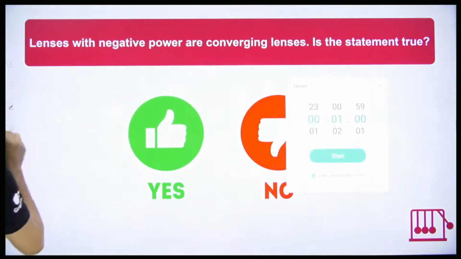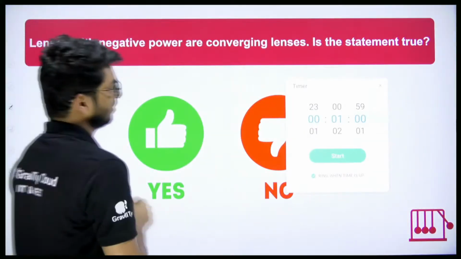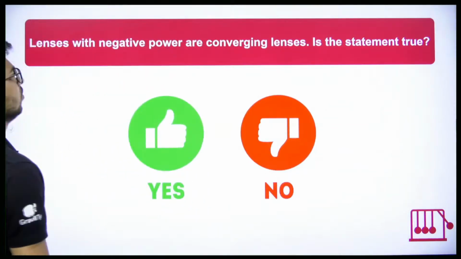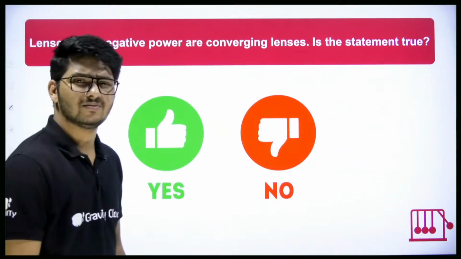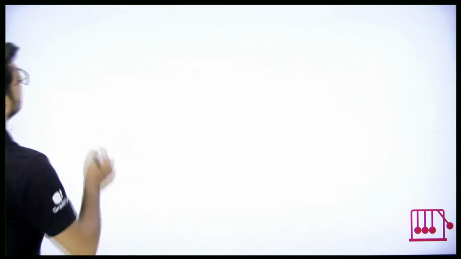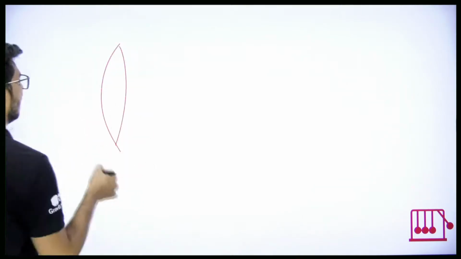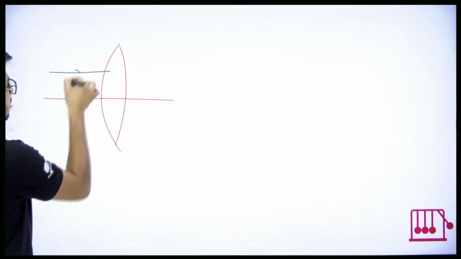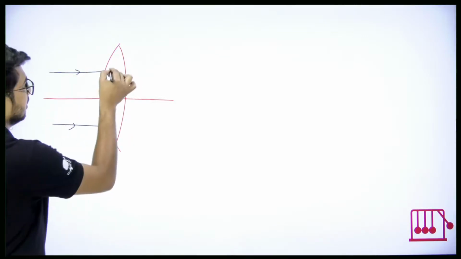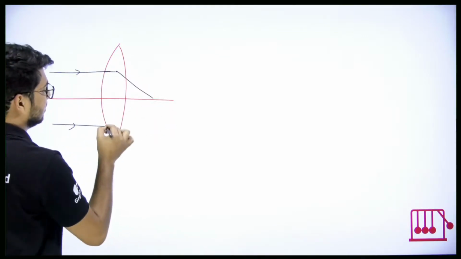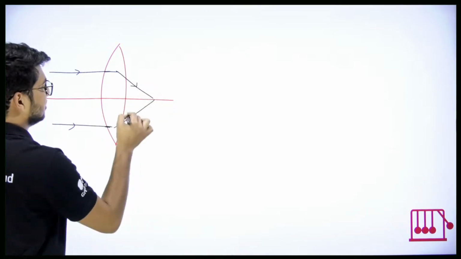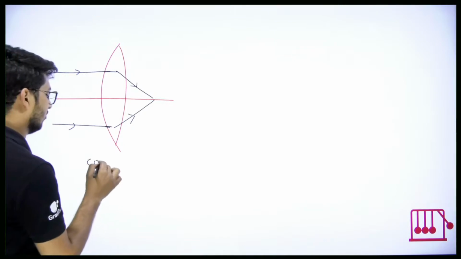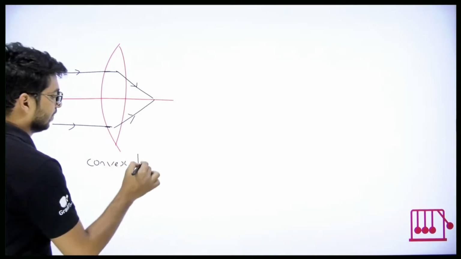So here, first of all, what do converging lenses mean? What do diverging lenses mean? The best example that we can think of will be a convex and a concave lens. These are converging lenses, and we take a convex lens as the example.